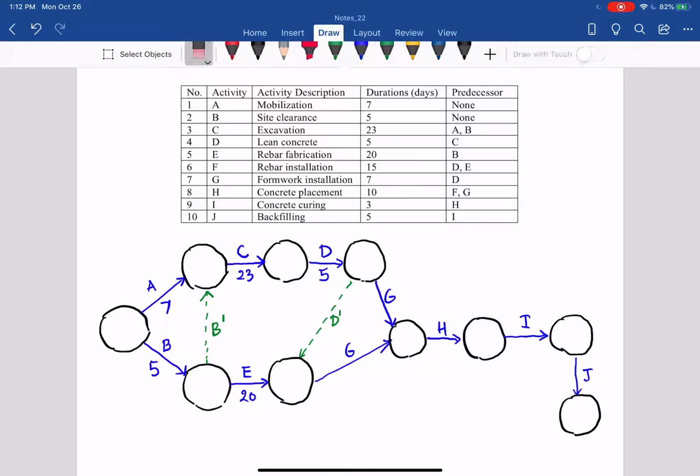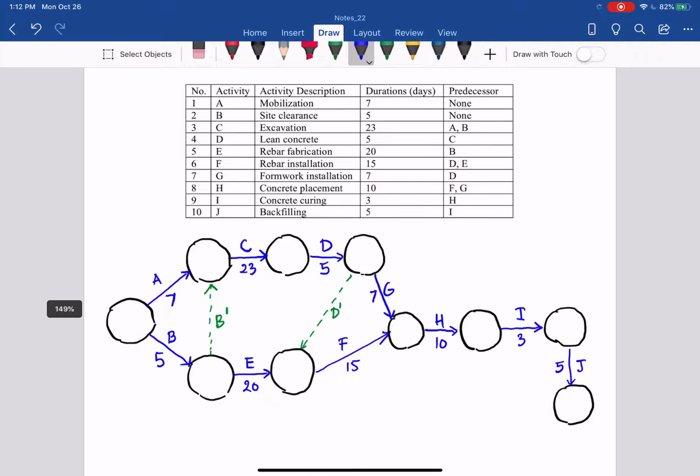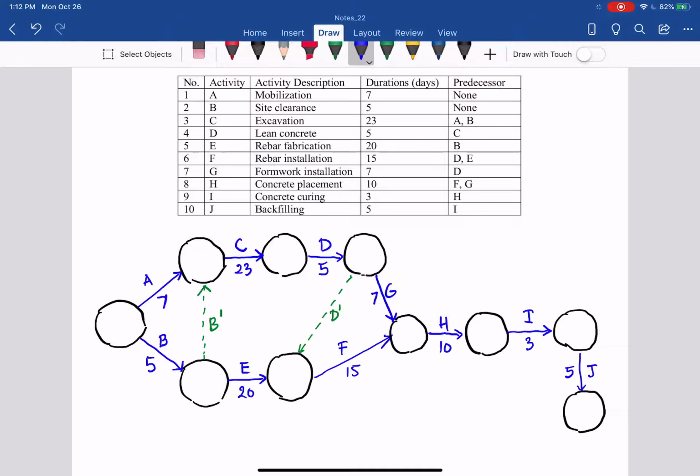This is activity F, 15. Activity G, 7. Activity H, 10. I, 3. And J, 5.